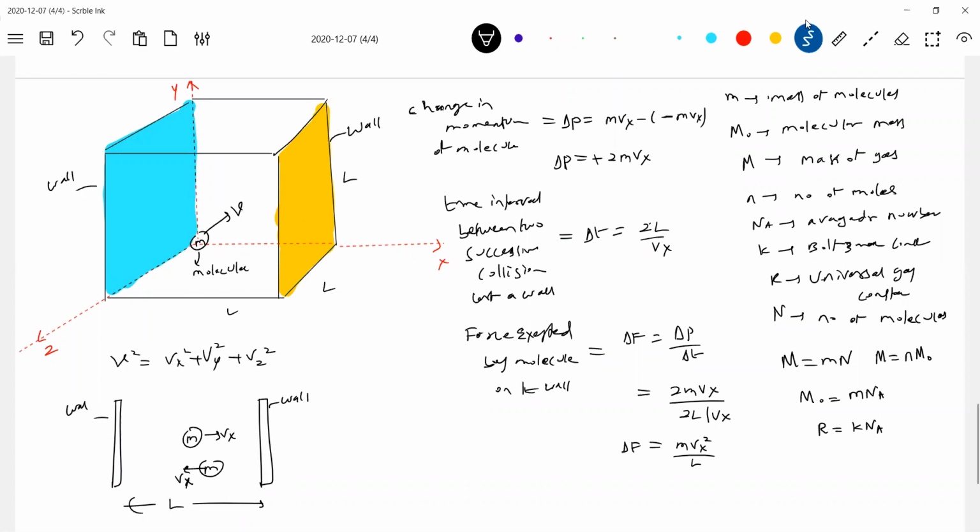So due to several molecules, what can we write? This is due to one molecule. So change in momentum per second due to all molecules colliding with the wall. So what shall we write? Shall we add up this one? So a force we will write here.